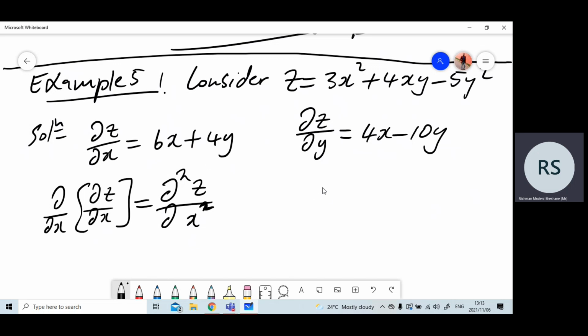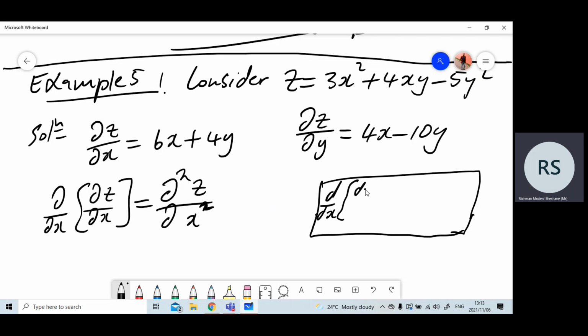So that's why we use this notation. It's the same as the ordinary derivative. Remember, a function of one variable, when we're finding the second derivative, let's say with respect to x, we find it from the first derivative. This is the same notation, d squared y over dx squared. You remember this. This is a notation for a second derivative from the ordinary derivatives, like a derivative of one variable.